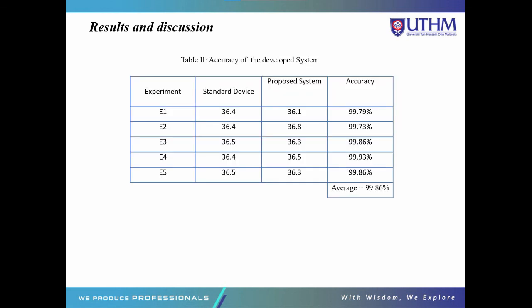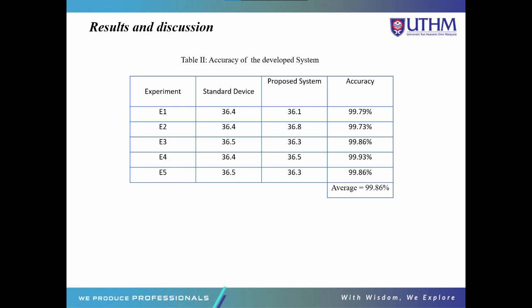The accuracy testing was conducted to compare the accuracy between the developed system and a standard device. Table 2 shows the result of accuracy testing for the developed system. Based on the average accuracy for all the experiments, the temperature values of the standard device were slightly different, as the same device was used for these 5 experiments.